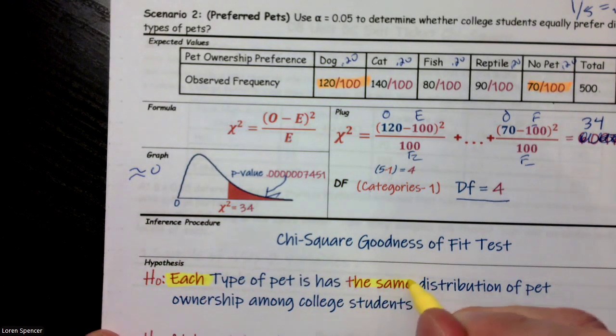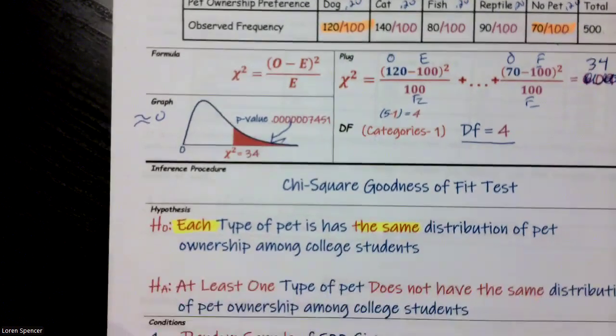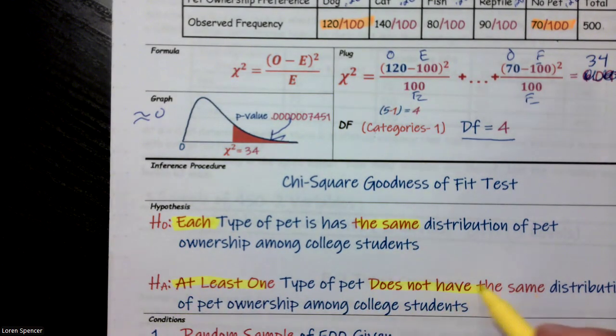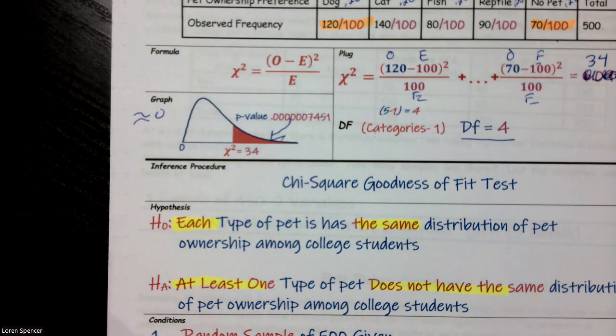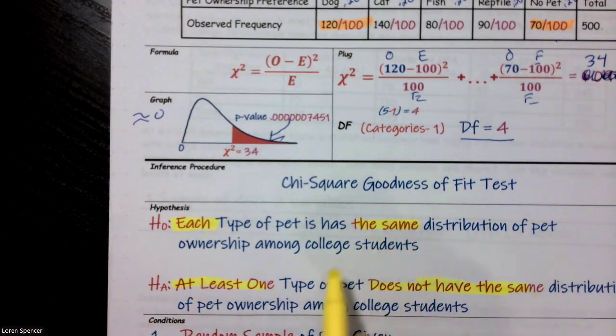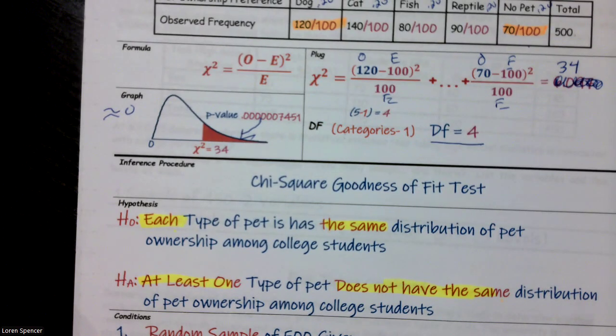Each and the same. Then for the alternative, at least one does not have the same distribution of pet ownership. Keywords there. Got to memorize those.